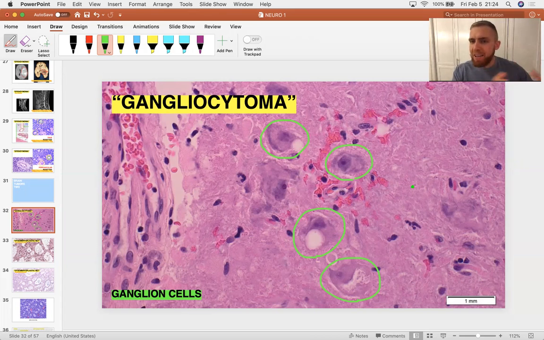So where the fat gets washed out when you prep a histologic slide, that's where a neuron is. So you can tell, here's this big blank circle right next to this big fat cell. Well, the big circle is where there used to be myelination. There used to be myelin there, but there no longer is. And so now you're just looking at the remnant of the myelin around the nerve cell itself. So this is a gangliocytoma with no glial component, just some neoplastic ganglion cells or neurons.